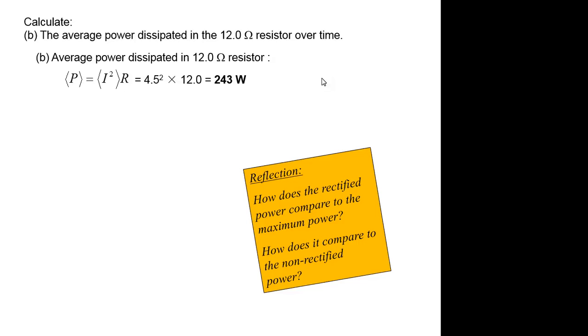The maximum current is 9, right? The root mean square current is half of it. So the average power is actually a quarter of the maximum power. Can you see or not?